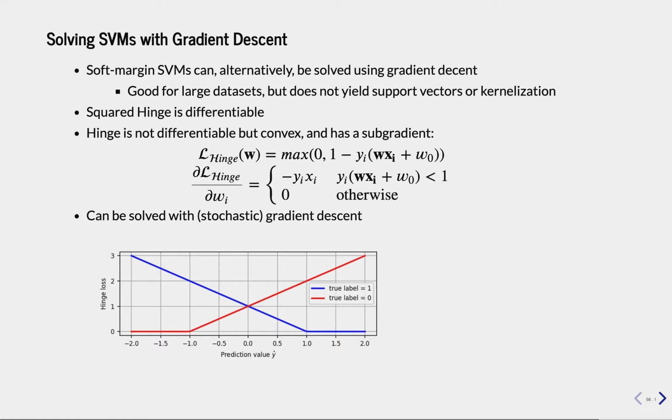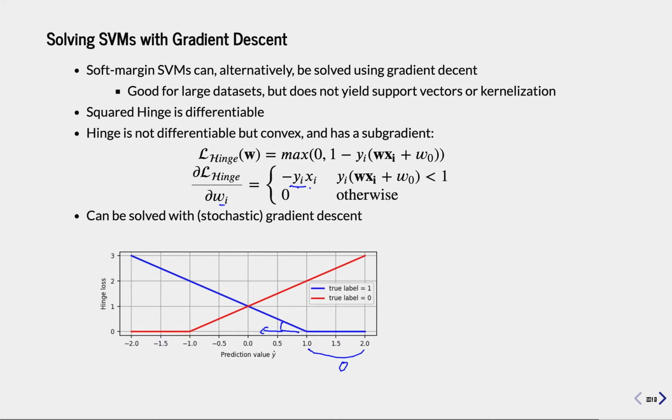And then the derivative of the hinge with respect to some weights, Wi, is 0 if it's on the right side of the margin, and it's 1 minus the class times x. So if you go into the margin, then you will increase linearly.